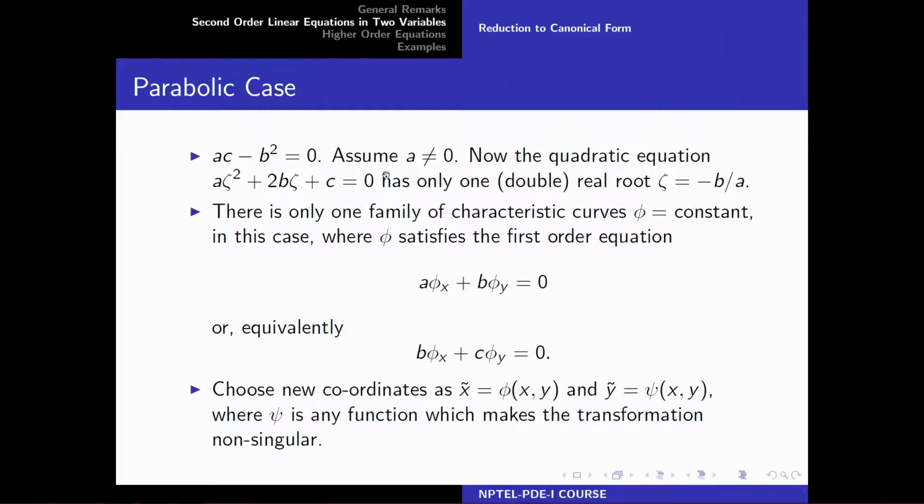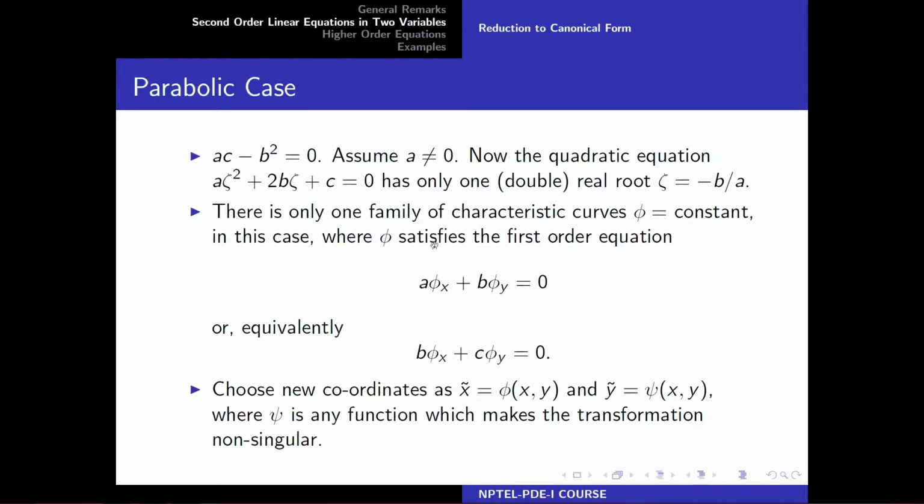So, either a should not be 0 or c should not be 0. For definiteness we are assuming a not equal to 0, and similarly c is not equal to 0. In this case again the quadratic equation has only one double real root, namely zeta equal to minus b by a.